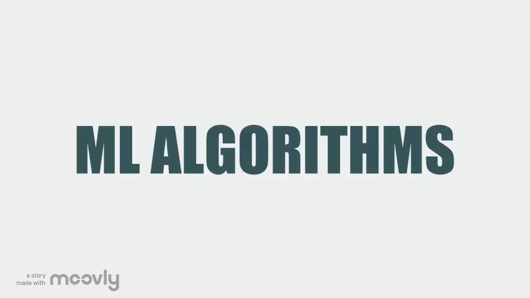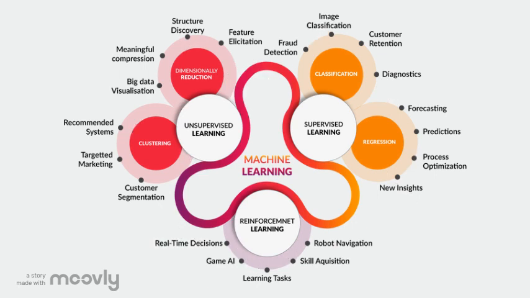Machine learning algorithms can be broken down under 3 main categories: supervised, unsupervised, and reinforcement learning. As you can see, the main difference is that supervised learning helps predict outcomes. Unsupervised learning finds hidden structure and patterns in your data, whereas reinforcement learning is reward-based.